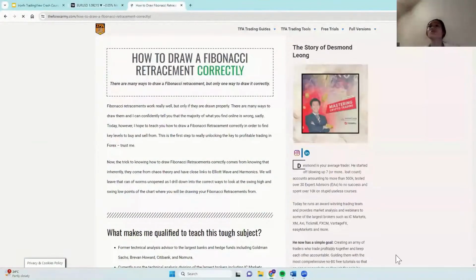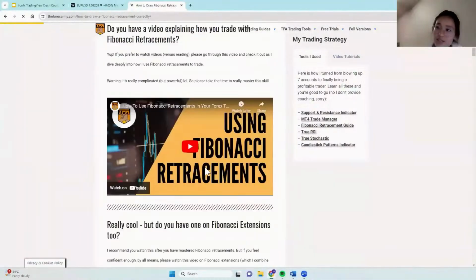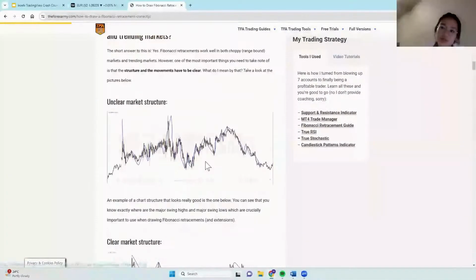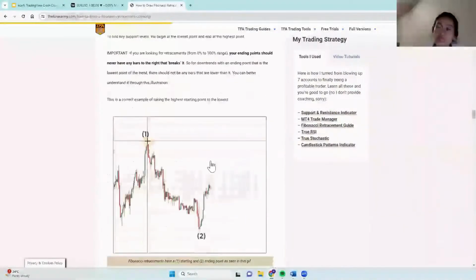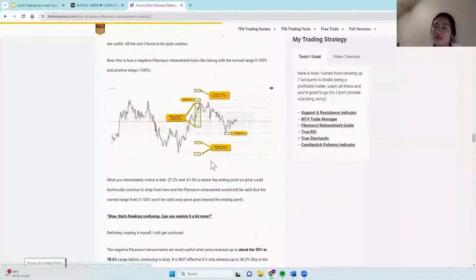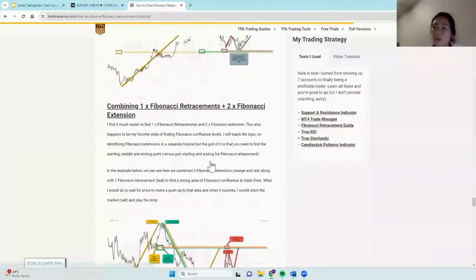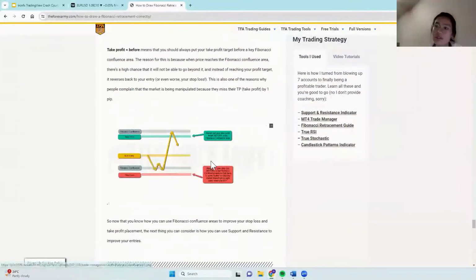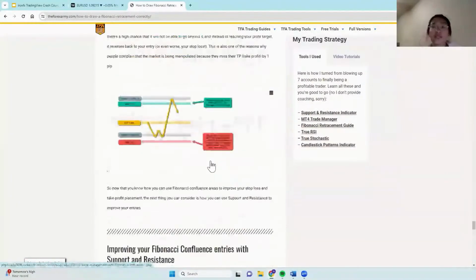You can go into forexarmy.com and it'll give you the different types of Fibonacci techniques. The one that I mentioned earlier was a projection, and we use the Fibonacci extension tool. It gives you all of the basics for your Fibonacci techniques.